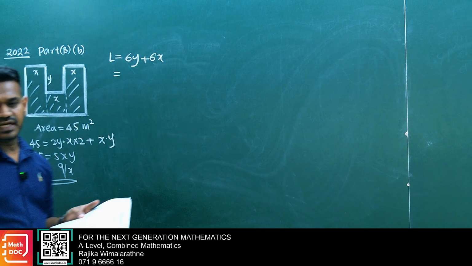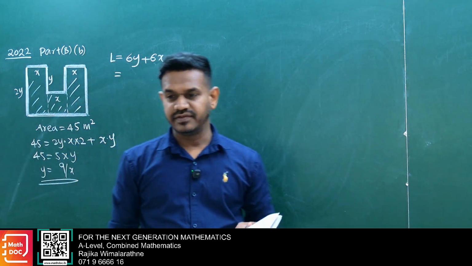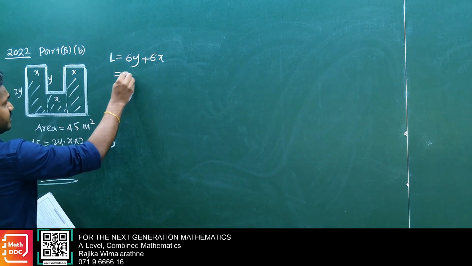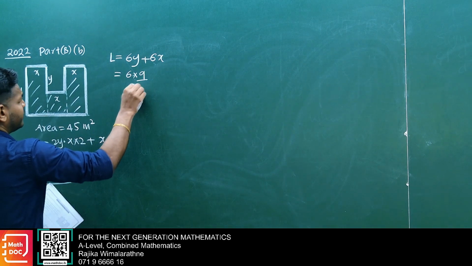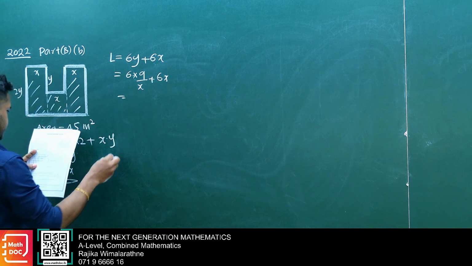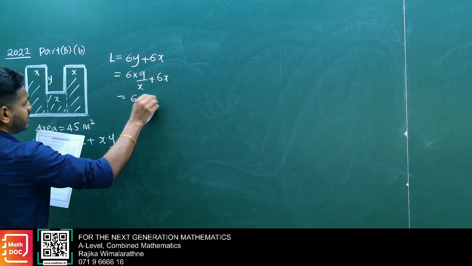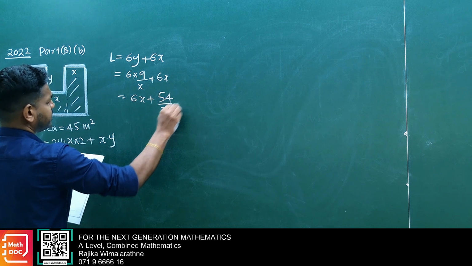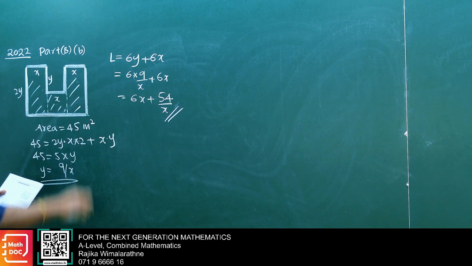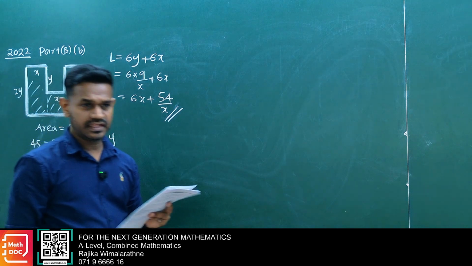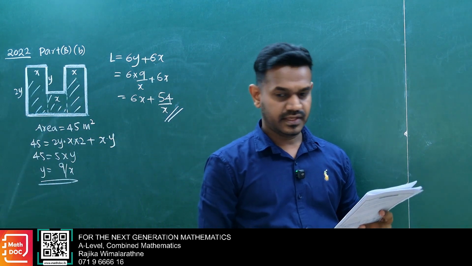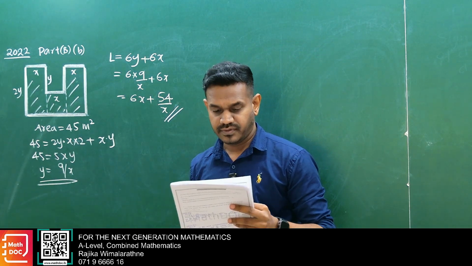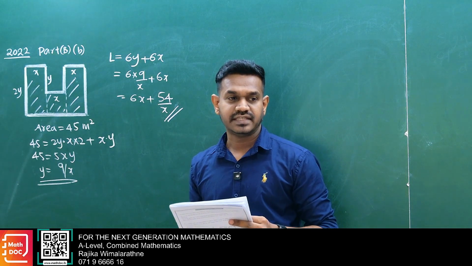Now you can convert it into a single variable by replacing y with 9 over x. So L equals 6x plus 54 over x. Here x and y are both positive values. Now we have to minimize the perimeter L, and that is in a single variable.